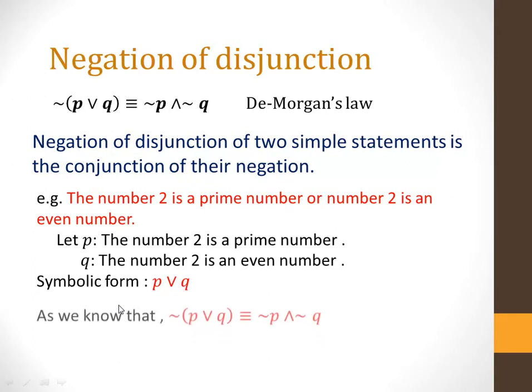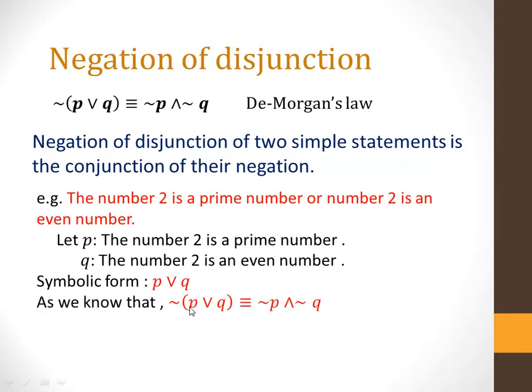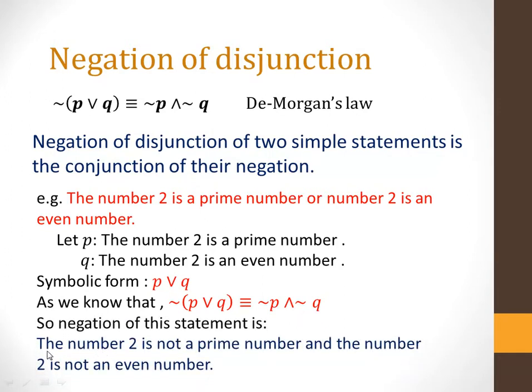Now as per this De Morgan's law, negation of P or Q is equivalent with negation P and negation Q. So while taking the negation, you do the negation of P, join by and, then the negation of Q. So what will be the negation? The number 2 is not a prime number, this is the negation of P, joined by and, then the number 2 is not an even number.